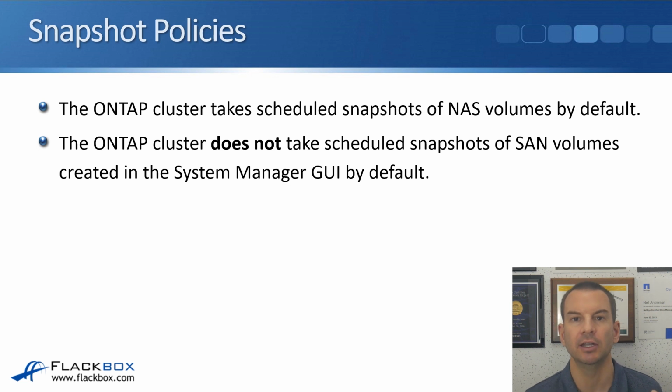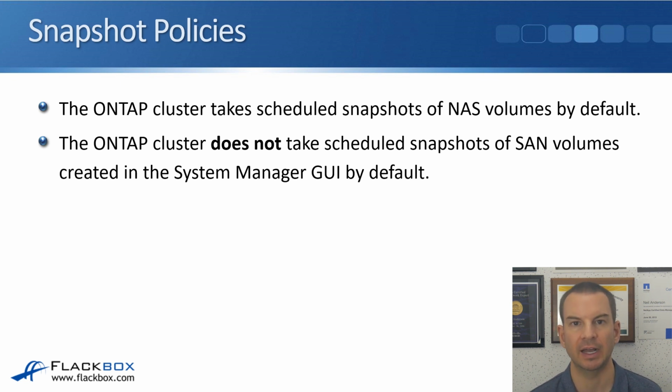So whenever you create a new NAS volume, by default, it's going to have a policy on there, which is going to have it taking snapshots on an automatic schedule. You can turn that off if you want to, but by default, the system will automatically take snapshots of your NAS volumes. For your SAN volumes, however, that is not the case. The ONTAP cluster does not take scheduled snapshots of SAN volumes by default.